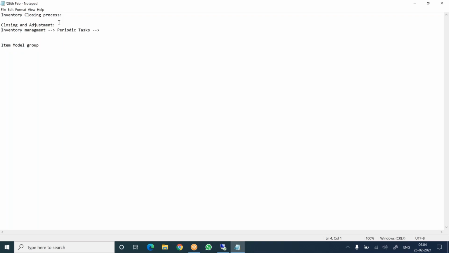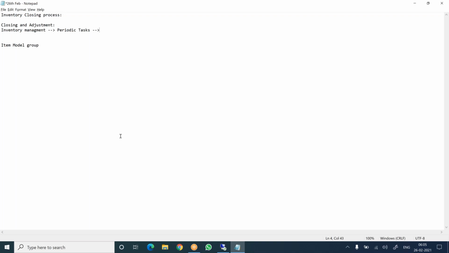Closing and adjustment is, in general, what people call inventory closing. That is the reason I have used the word inventory closing process, but in the system it is the closing and adjustment form. That is available in inventory management, periodic tasks, closing and adjustment process.